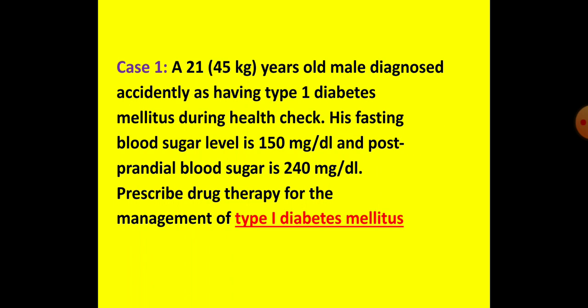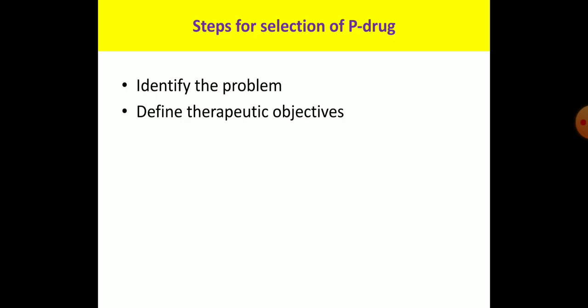But before we jump to the selection of P drug in this case, let us briefly revise the steps for the selection of P drug. First and foremost is identify the problem. What is the problem? Then next is define the therapeutic objectives. What are your different therapeutic objectives?